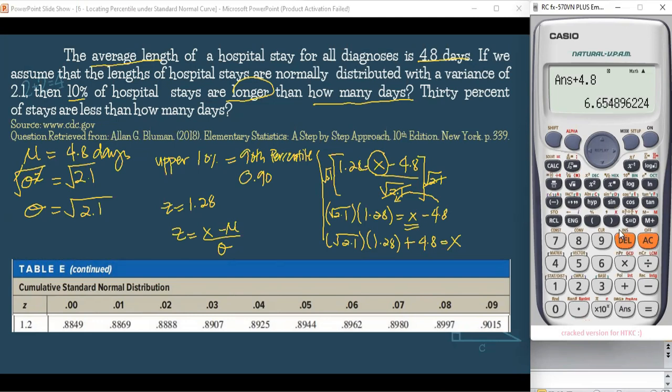So our X now, or the random variable, is 6.7 approximately. Pero for uniformity, I highly encourage na let's use 2 decimal places. So we have X po is equal to 6.65 days. So how do we interpret this? Ibig sabihin po, 10% of the hospital stays are longer than 6.65 days.